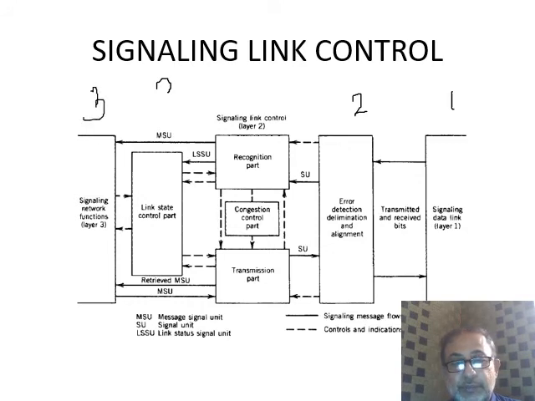Layer 2 starts from here, in which we have the error detection and recognition part, congestion control, and transmission part. Link status signaling units come and go, and similarly the message signal units come and go between this link state control part, which is communicating with the signaling network functions on layer 3.